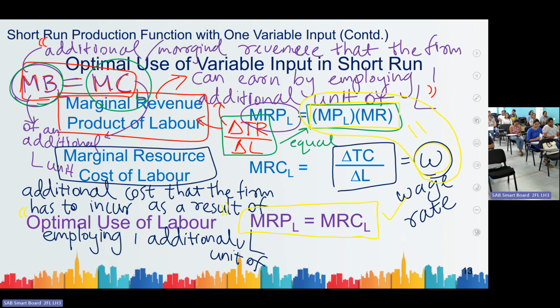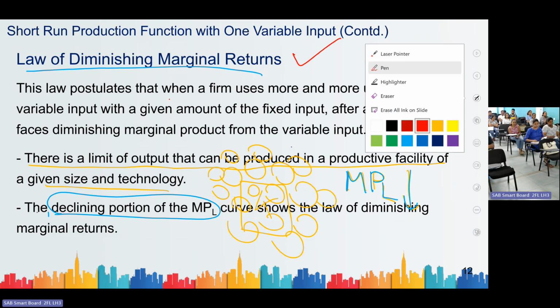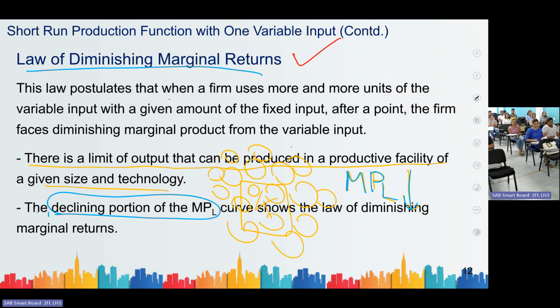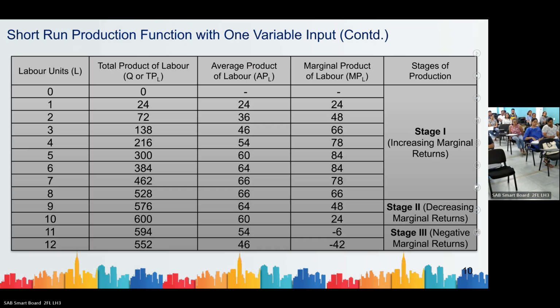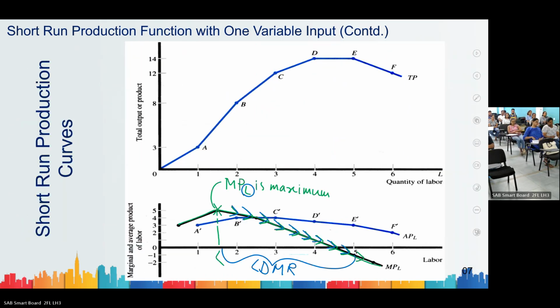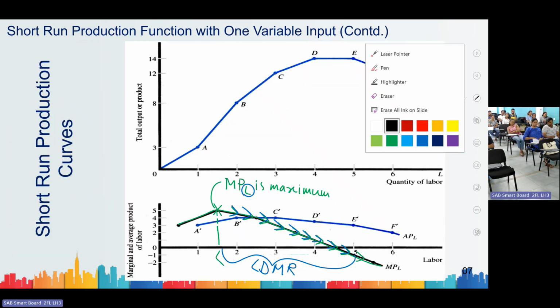We learned marginal product of labor is declining according to the law of diminishing marginal returns, which occurs over this range.